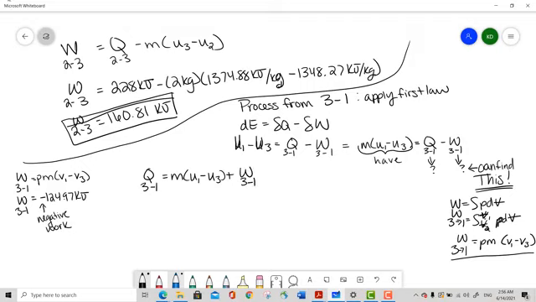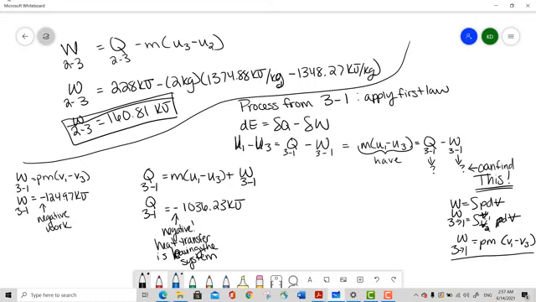We're going to plug all of this in, and we're going to get negative 1036.23 kilojoules. And this is negative. So heat transfer is leaving the system. Okay.